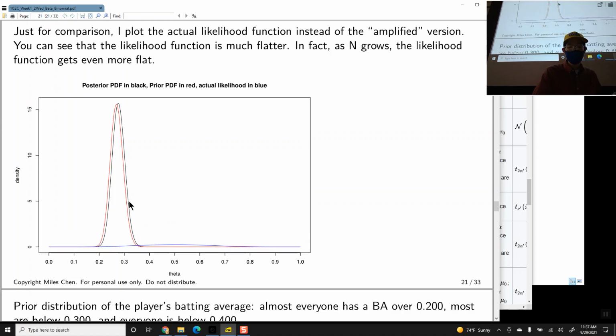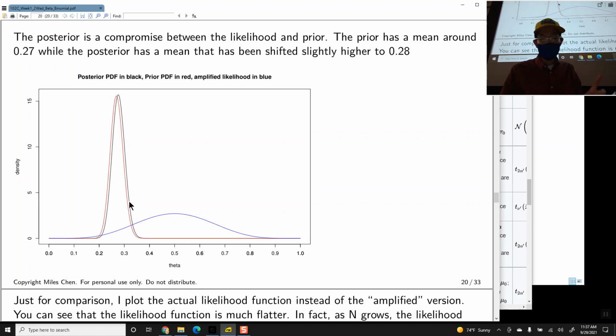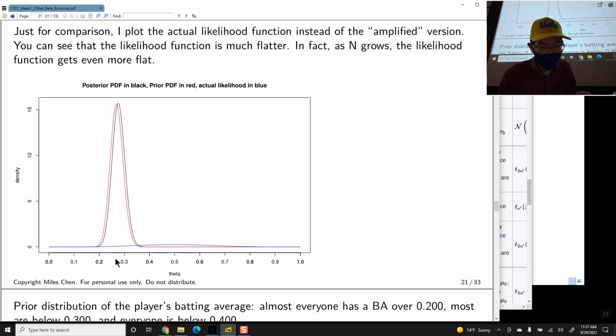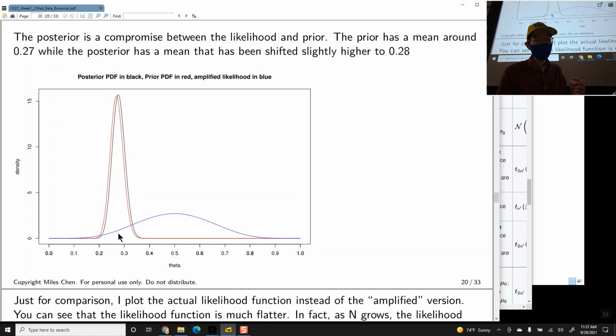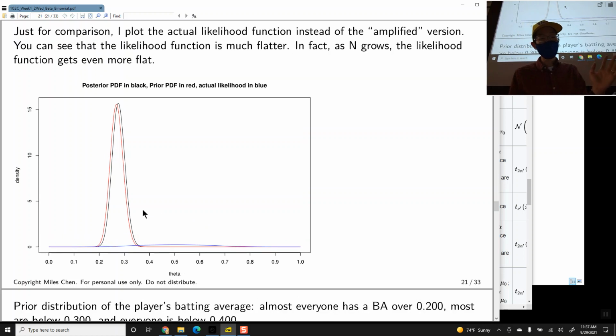Okay. So again, if I did not amplify that blue line, the area under the blue line, the red line, and the black line would all be 1. But in reality, the true likelihood, and this is just the likelihood of 10 at-bats and 5 hits, this is the curve. It's just so flat that we can hardly appreciate it.